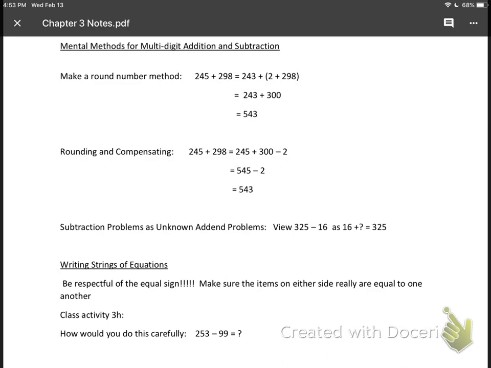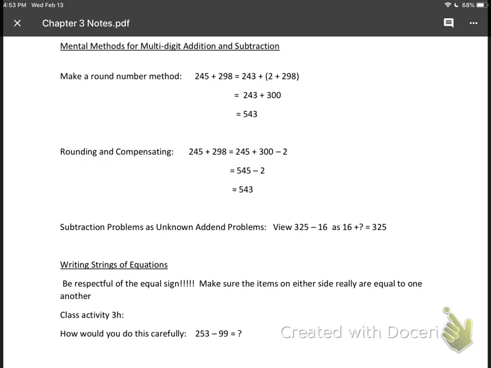Under mental methods for multi-digit addition and subtraction, one way to do this is to make a number a round number so it's easier to work with. Look at this first method, and this gives me an opportunity to talk about lining up your equal signs. Make sure that what you have on either side of the equal sign is indeed equal. Initially we had 245 plus 298.